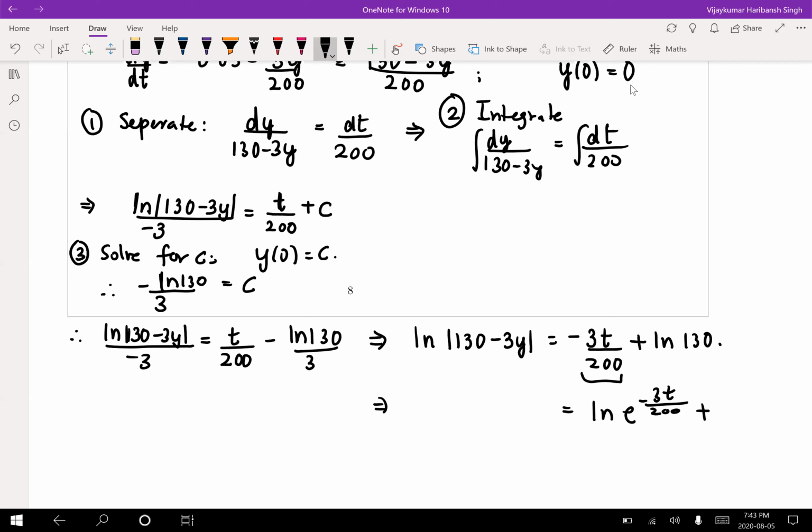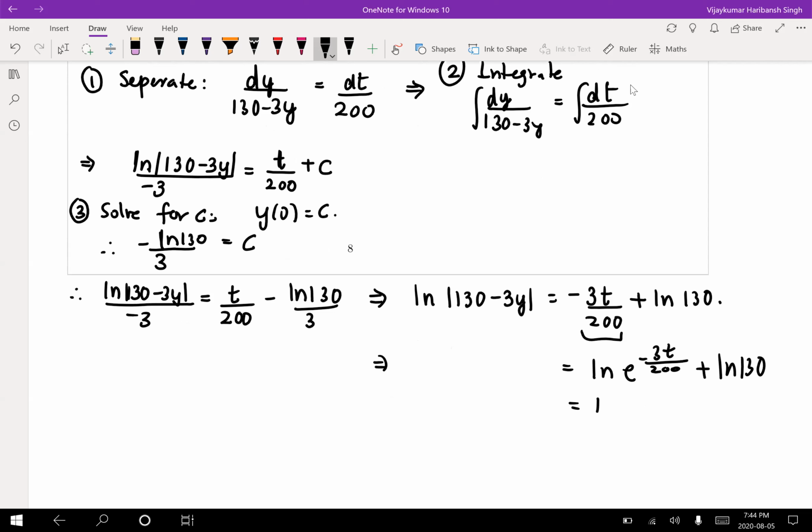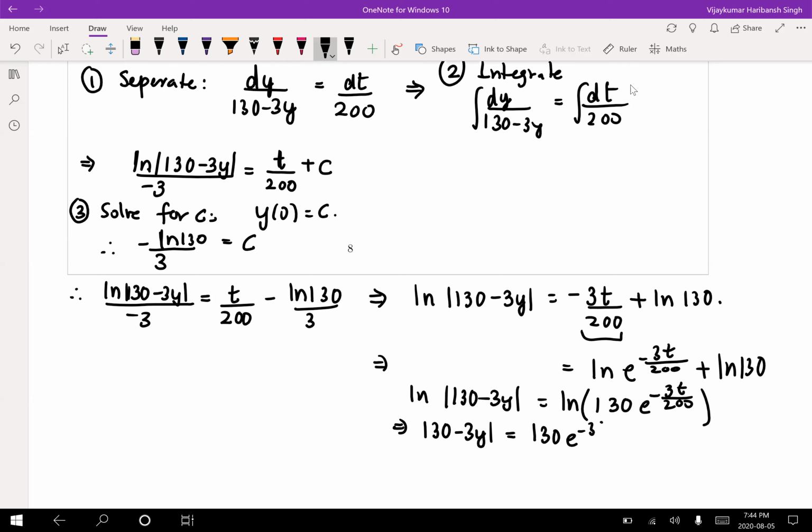The idea is to combine these two together. Which way you combine is up to you. So I'm going to combine it like that. And this becomes 130 e to the power minus 3t by 200 equals the absolute value of 130 minus 3y. So I can get rid of ln from both sides. First I should write one more step: ln of this equals ln of this. So ln is a one-to-one function, so I get 130 minus 3y equals 130 e to the power minus 3t by 200.